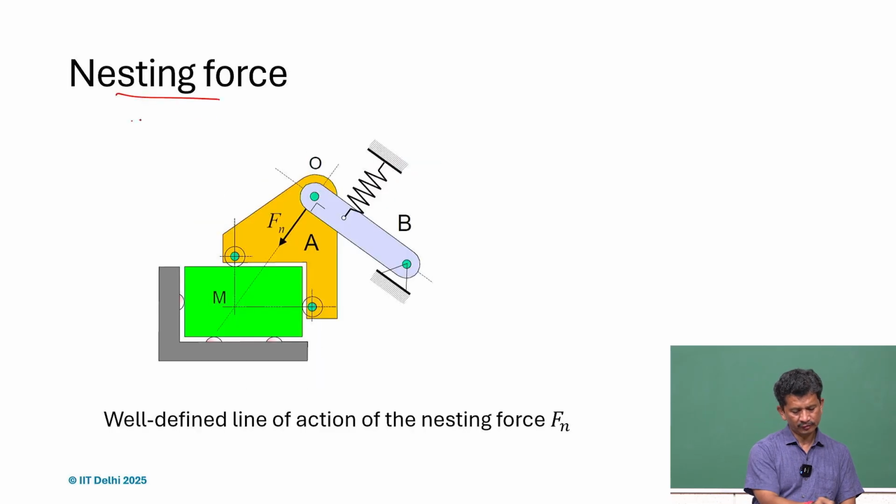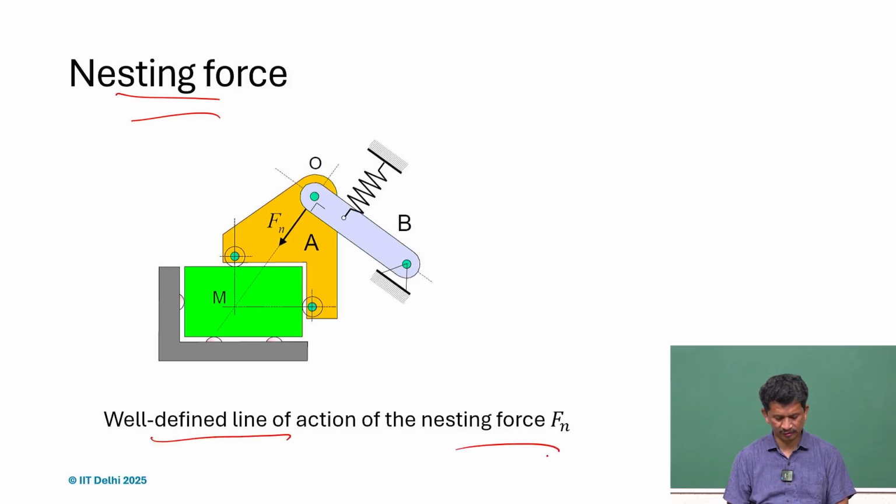About the nesting force, it's very difficult to get the precise direction, so if you want to have a well-defined line of action for the nesting force, we can use this kind of wedges with these rollers, and with the help of a spring it can readjust on its own. Of course, this looks very big compared to this block, so this is mainly for illustration.